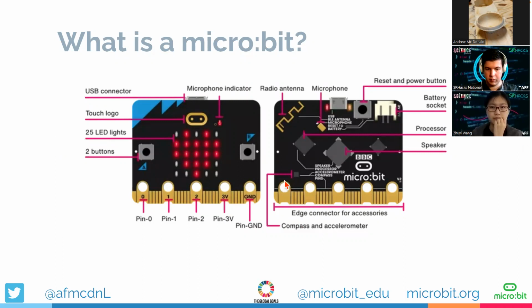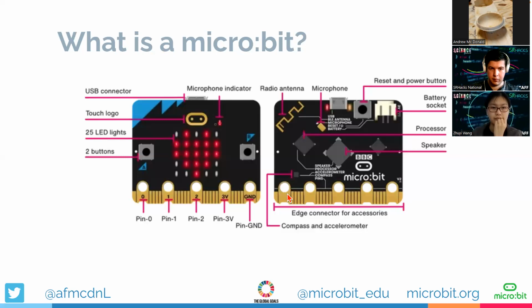And then last but not least are these connections. Well, I think that's last but not least, but I'm sure there are other things that I haven't mentioned yet. It's a powerful little board with lots of stuff on there. So there is this edge connector. What does that mean? That means you can have things that are being input on there or output as well.